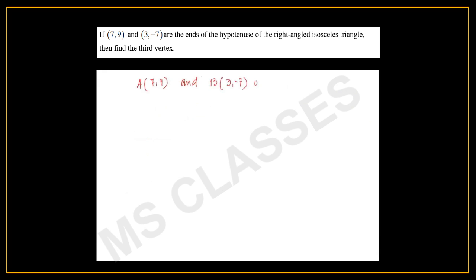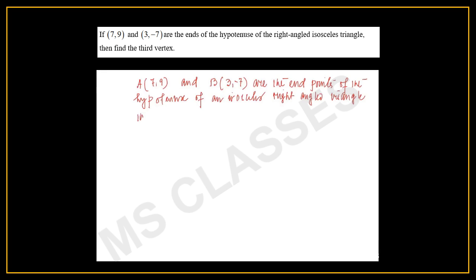These are the end points of the hypotenuse of an isosceles right angle triangle.